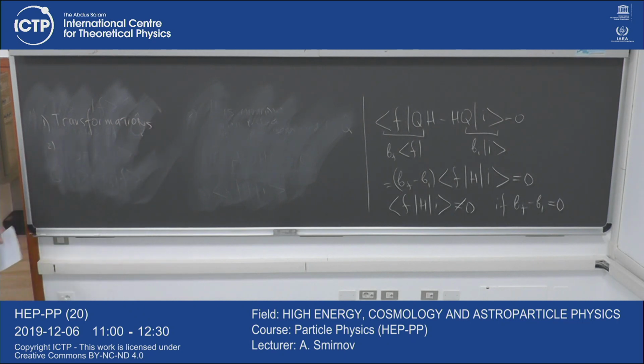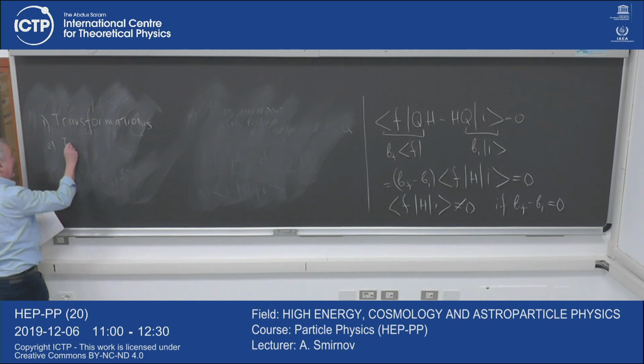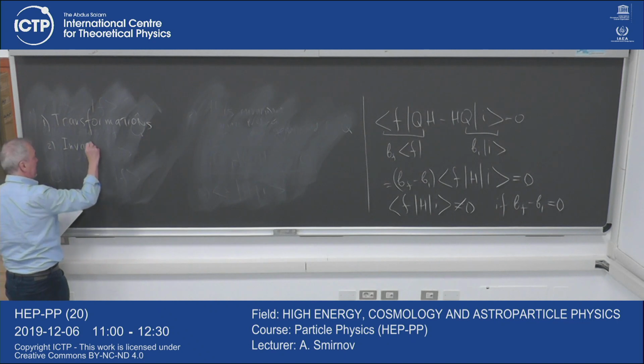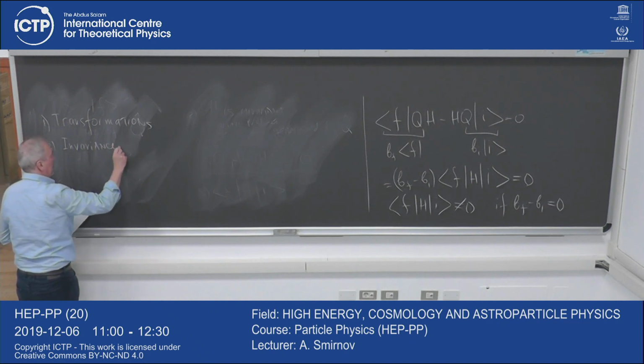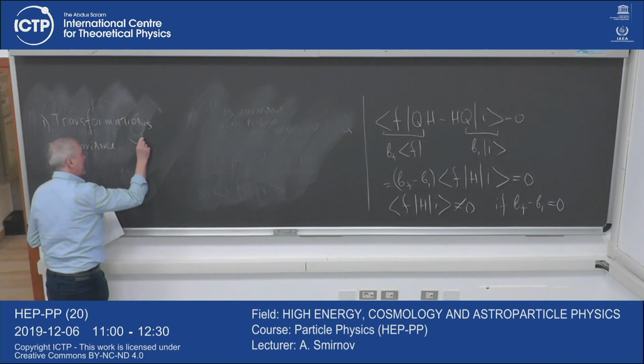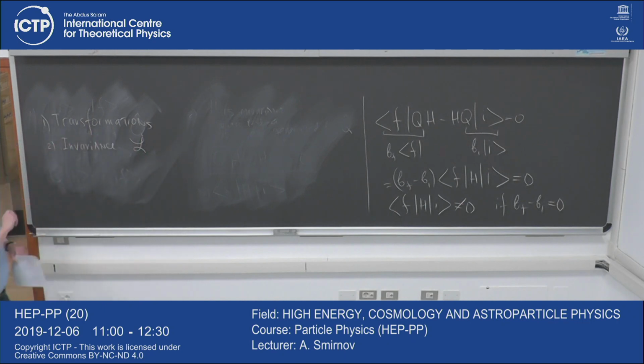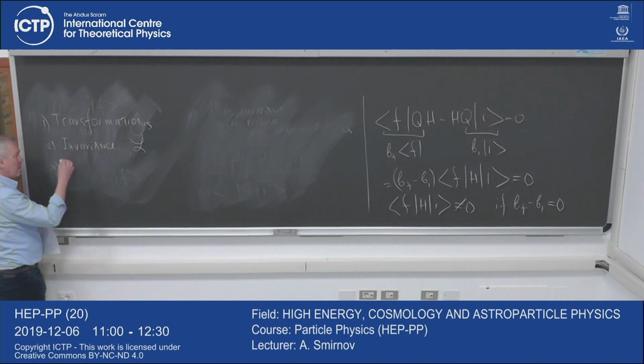Then we check the invariance, mostly of the Lagrangian, with respect to these transformations. If the Lagrangian is invariant, then we have the symmetry. And then third, we will discuss the physical consequences of the symmetry.